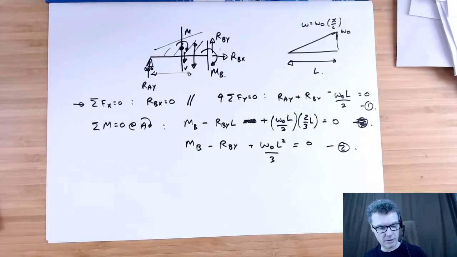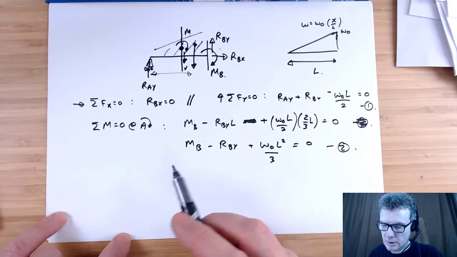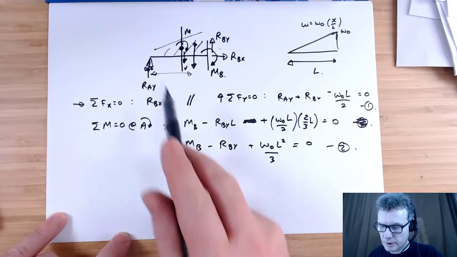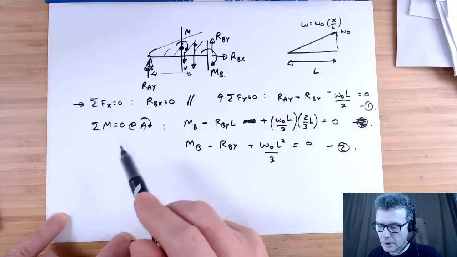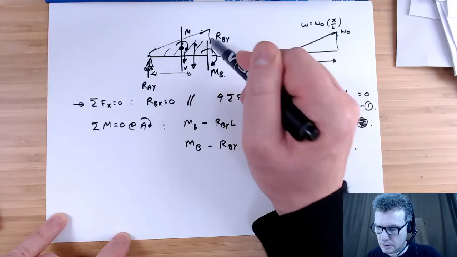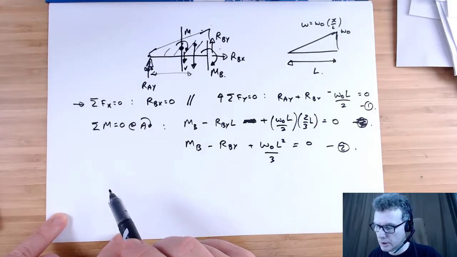It's only the internal bending moment I'm interested in. Right, so we're here, and let's look left of us. Can I go straight to M?